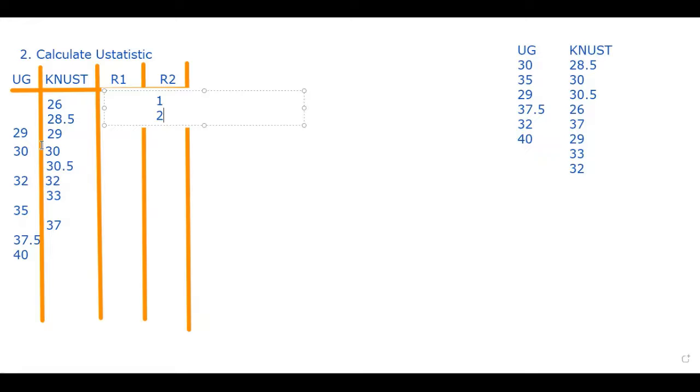So this is the third and fourth position, and that's where we are getting our tie from. We are going to calculate a certain value for these two 29s, and that's what we are going to use for our ranks.